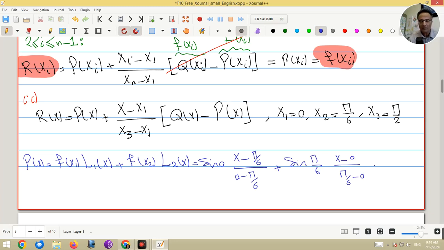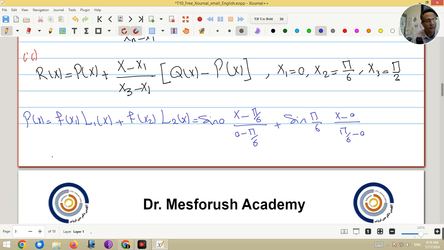So this term is 0, and this one is 1/2 times x over π over 6, which is 6x over π, and this is 3 over π times x.